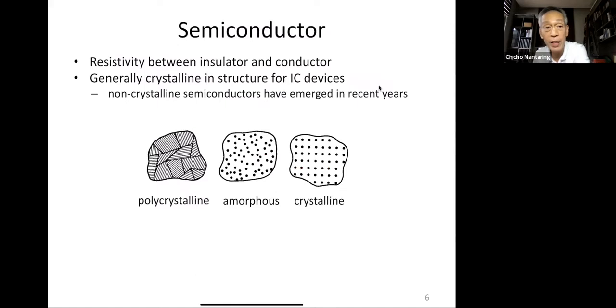So a semiconductor has a resistivity between an insulator and a conductor. It is generally crystalline in structure. What do we mean by crystalline? Crystalline means that the pattern of the position of the atoms is very regular. Although there are non-crystalline semiconductors, there are polycrystalline semiconductors, which are crystalline in batches.